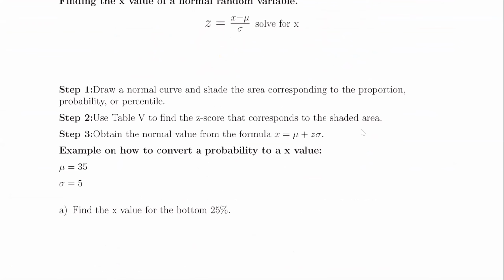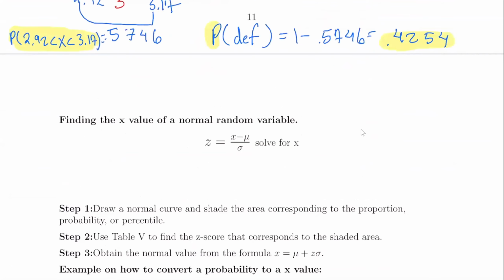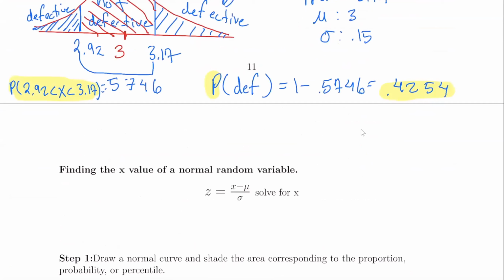All right. So far, let's just recap what we just did. Right now we had an x value, and we wanted to find the probability of that x value occurring. What we're going to do now is the opposite.